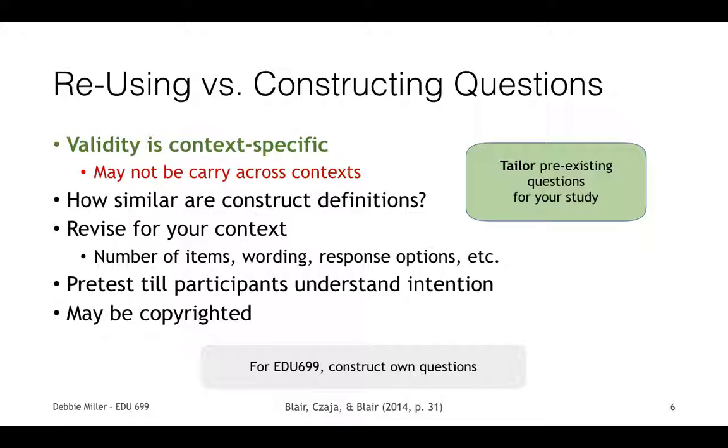By the way, when I say you need at least 10 questions from scratch, most of you will have more than 10 questions. You may have many more than 10 questions, but that is a minimum that I'm saying I want. The number really depends on your constructs and how many variables you've defined and so on.